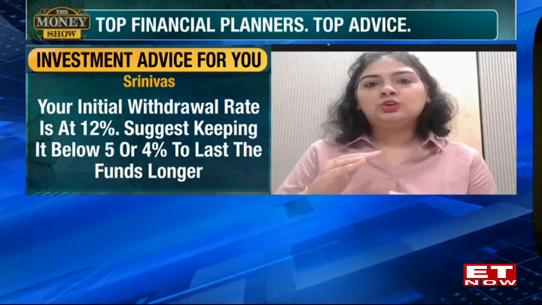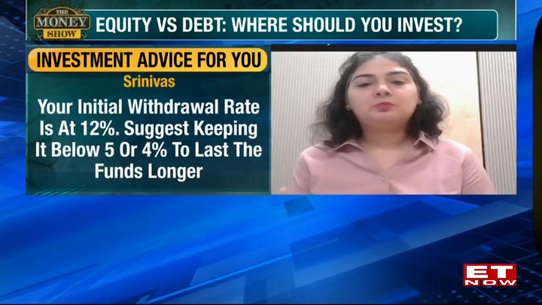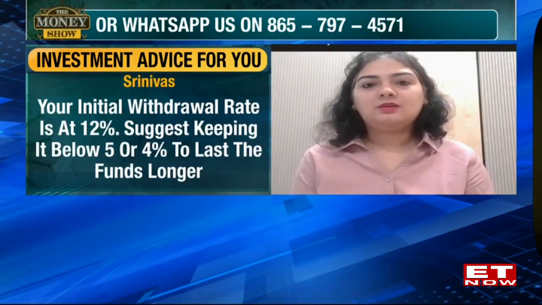So first thing that you need to do is either you will need to take up your corpus from 10 lakhs to 30 lakhs. If that cannot be done, you'll have to reduce your monthly withdrawal that you want. Either of the two will have to be done.